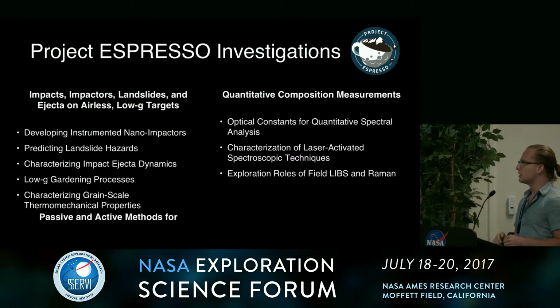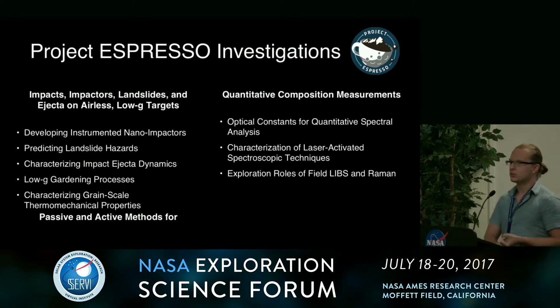Back to understanding what processes are modifying a surface, and additionally, trying to inform future instrumentation, we're working on characterizing impact ejecta dynamics. This is informed by the knowledge that there are dust detectors that are operating around the moon, or could be operating on a spacecraft near a small body. They're collecting dust from the surface and they can analyze its properties, which you can use to inform things like the chemistry of the surface, or the mechanics of the surface.